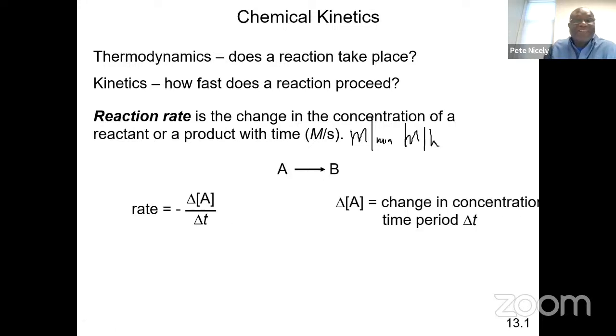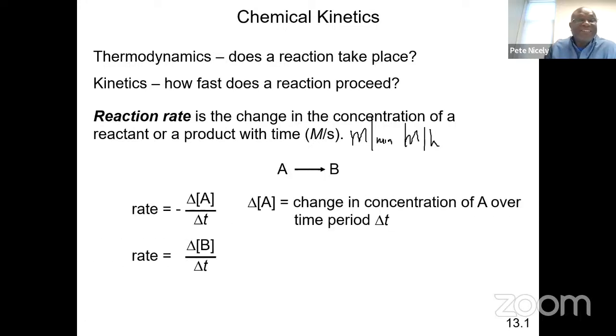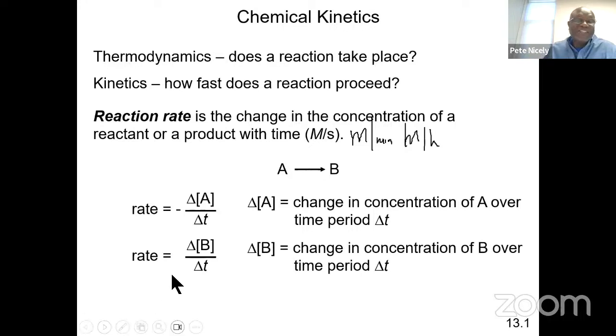Another way of stating the rate is that symbol right here. Rate is equal to change in the concentration of B over change in time, all right? So in this case, the change is positive because the concentration of B will be increasing as the reaction is progressing, all right?